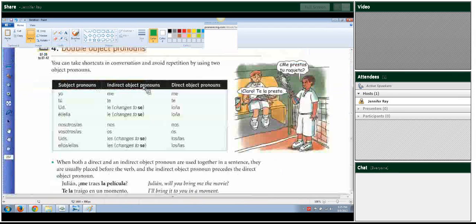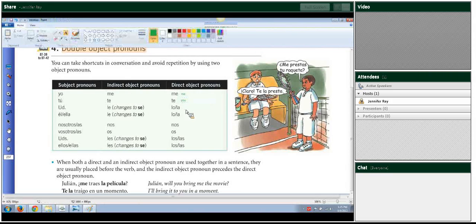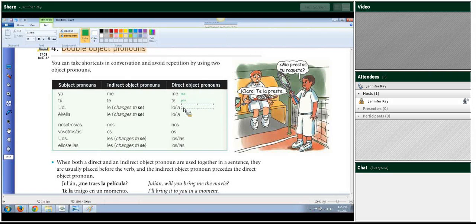Okay, so I wanted to plug in what these guys are. "Me" would be me. "Te" is you. Here, "lo" and "la" would be you.